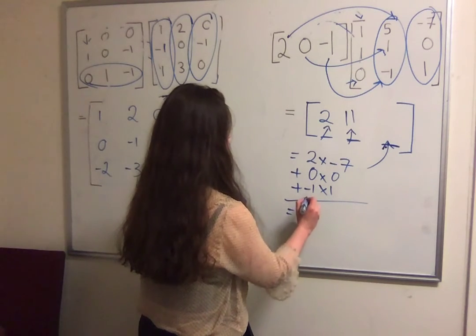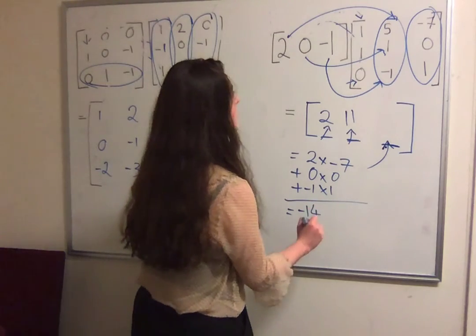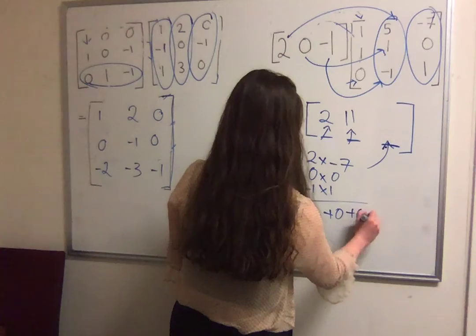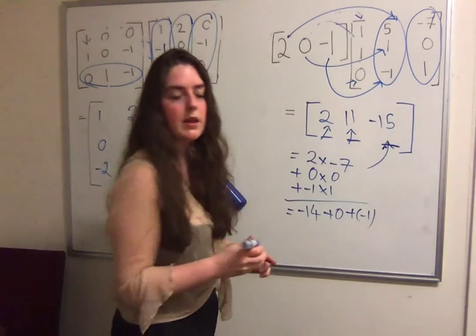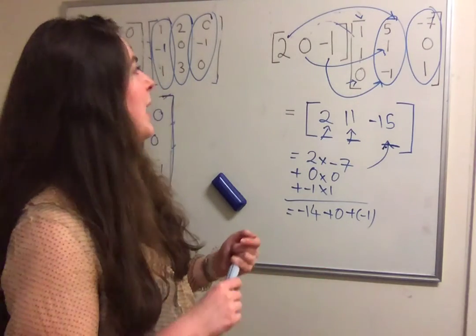So much arithmetic. That's negative 14 plus 0 plus negative 1, which is equal to negative 15. And I have surprisingly gotten that right.